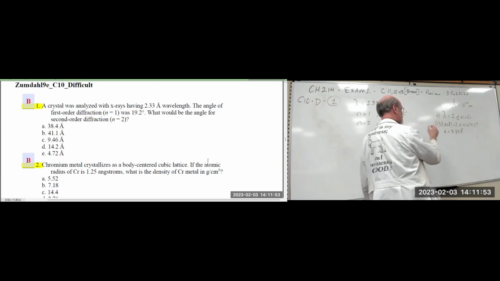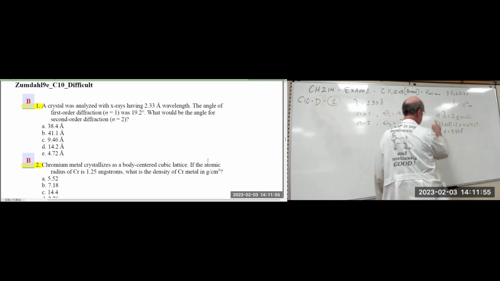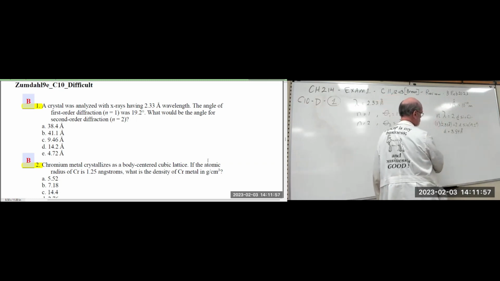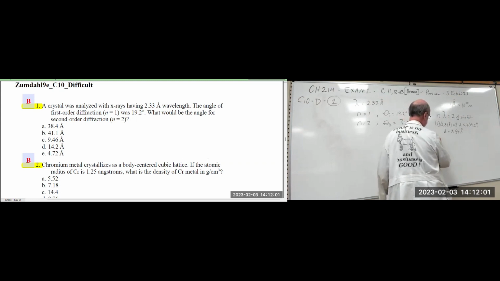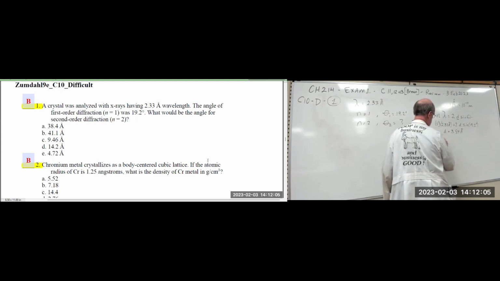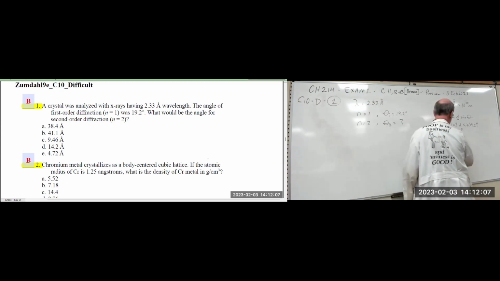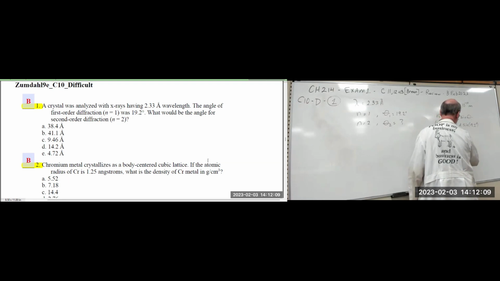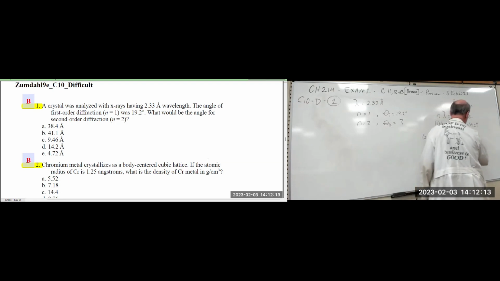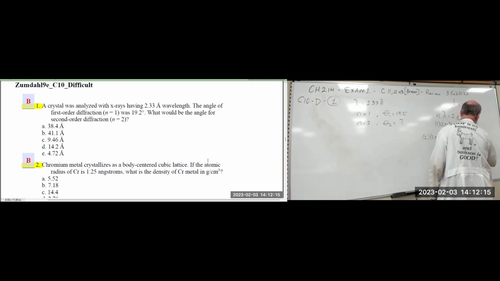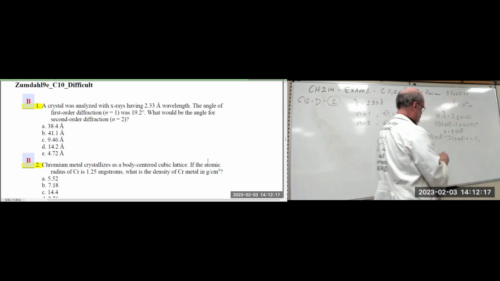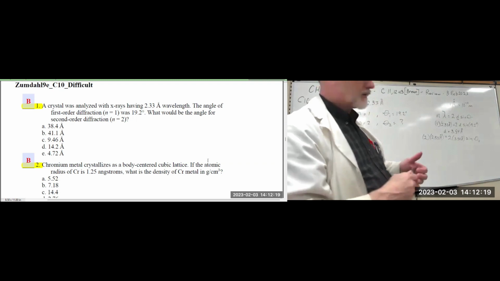All right, so now we can set up our new equation. n now is equal to 2. And the wavelength is the same. And then we've got 2 over here times 3.54 angstroms. And this is sine theta 2. So now we just solve for that one.